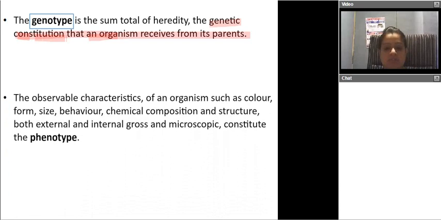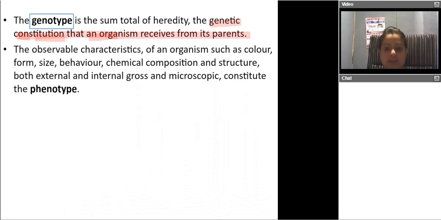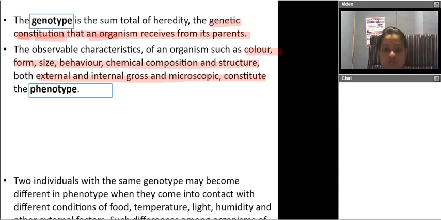It includes the observable characters like color, form, size, behavior, chemical composition, structure, and both the external and internal gross and microscopic constituents that form the phenotype of the organism. So what do we mean by genotype? Sum total of genetic constitution, and phenotype is all the observable characters of an organism.